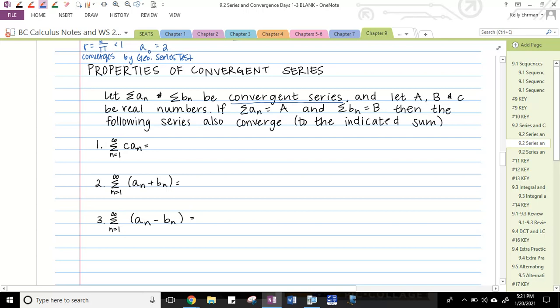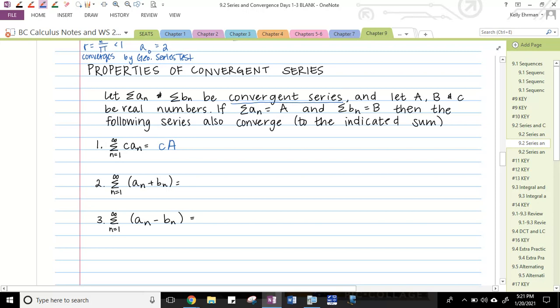Then the following series would also have to converge, to the indicated sum. So if I had a constant c multiplied by a sub n, then the sum of that series would be c times a, because the infinite series of a sub n adds up to a, and we're just scaling that up.